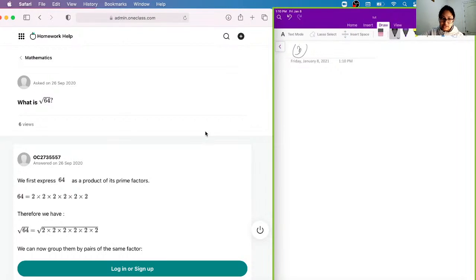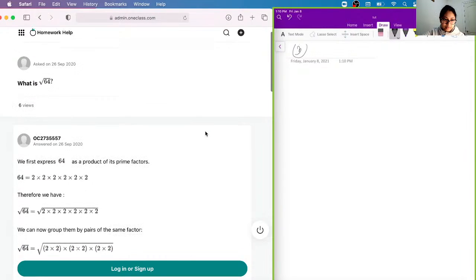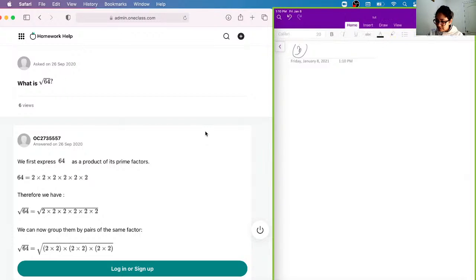So the next question says, basically, what is the square root of 64? To do this, we have the square root of 64.